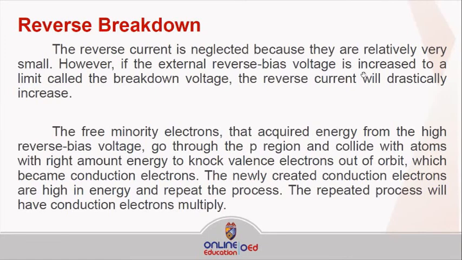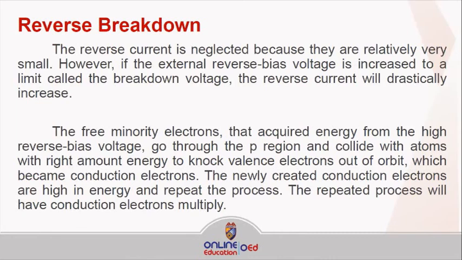Since nag-increase ito sa limit, nagkakaroon ng breakdown voltage. Then, ang mangyayari doon sa reverse current will drastically increase also, kasi nga tumaas din yung external reverse bias voltage. Lumabas siya doon sa limit na voltage, kaya nagkaroon ng breakdown voltage, and the reverse current will drastically increase also.